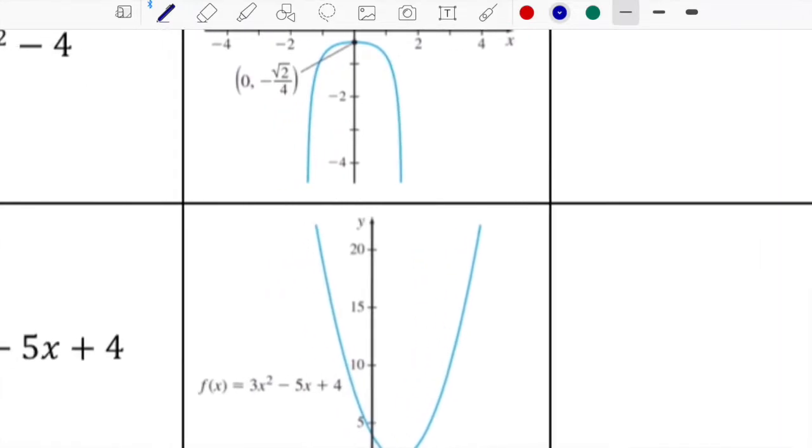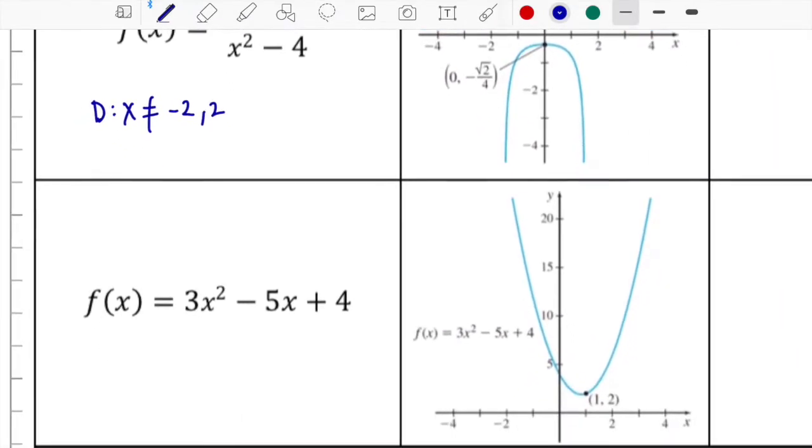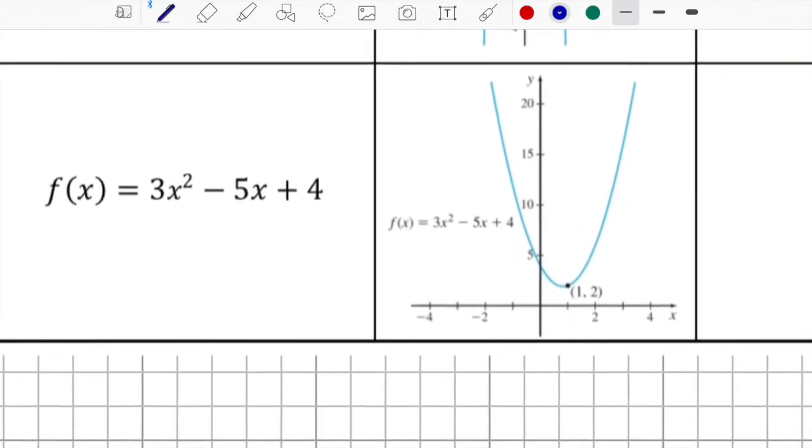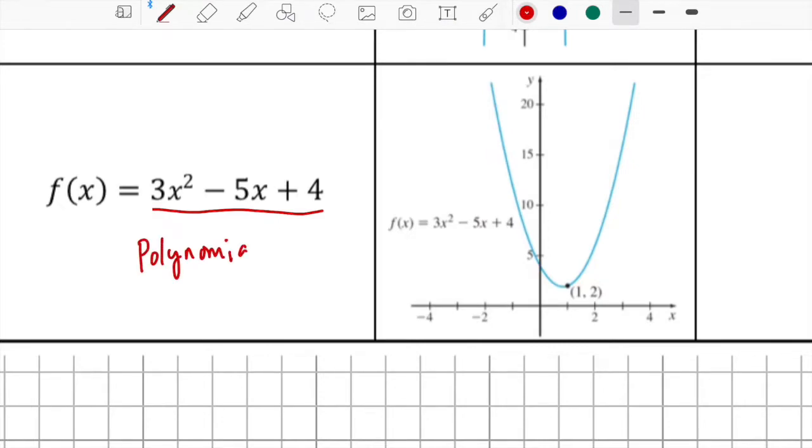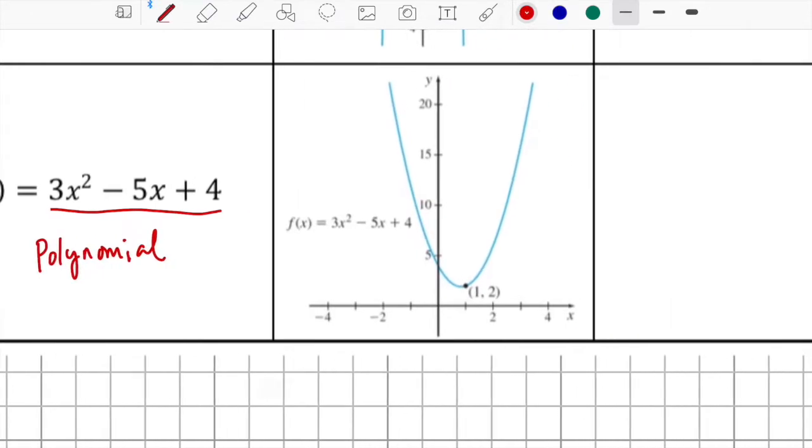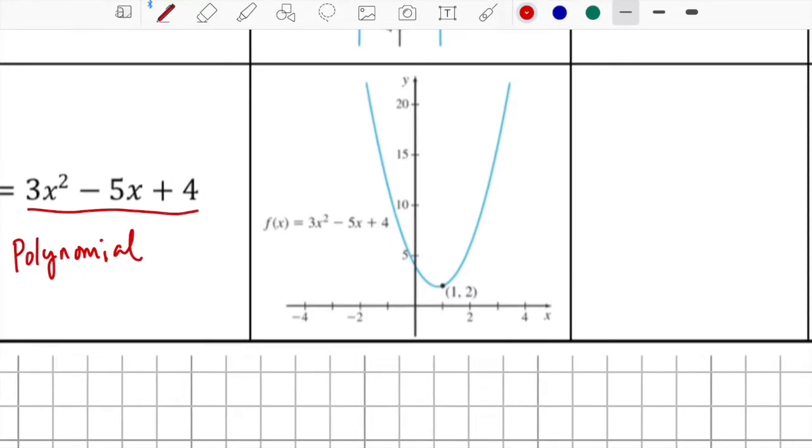Okay, let's look at this last one. This one's going to be easy. If you recognize it, that is a polynomial. And earlier, I said that if a function is a polynomial, it is continuous everywhere. So let's just look at the graph anyway.